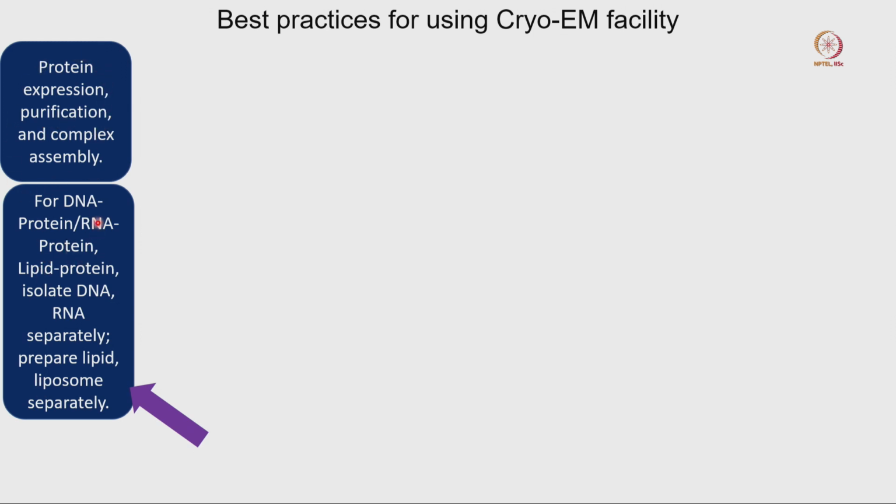If we try to purify the DNA and protein together, it is sometimes very difficult to do the functional characterization of the DNA-protein or RNA-protein interaction. So in those cases, purify your protein, purify your DNA and RNA, prepare your lipids separately, then check the interaction, do the biochemical study, and then go for the next step.